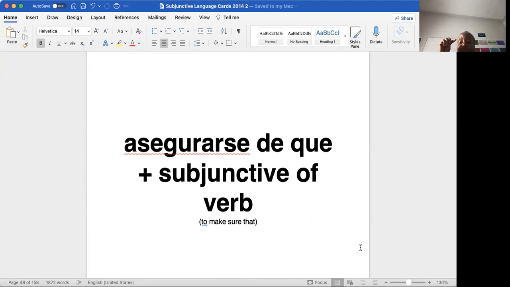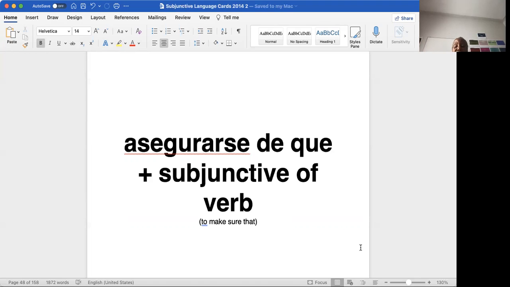Asegurarse. Now, when you see that se in the ending, that means it's a reflexive verb. It's a pronominal verb. So the reflexive pronouns are me, te, either lo, la, or le, nos. Now it could be los or las or les.